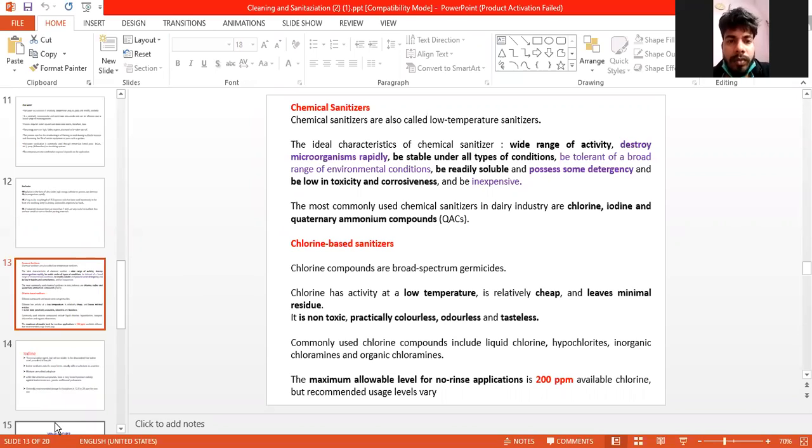Chlorine is very effective even at low temperature, it is available in plenty, very cheap, and leaves very minimal residues. That is why chlorine is still used.